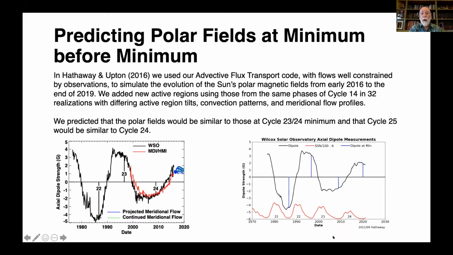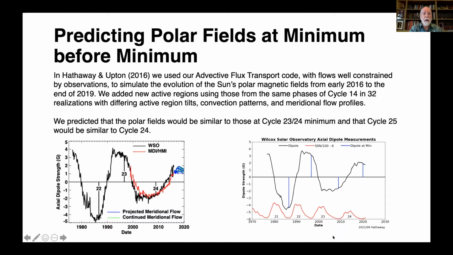We had to put in new active regions, and we chose those from cycle 14, which is a similar size cycle. And we did 32 different realizations with different active region tilts, different convective patterns, and 2 different meridional flow profile changes over the remainder of the cycle.